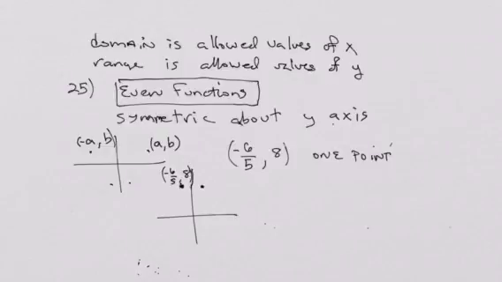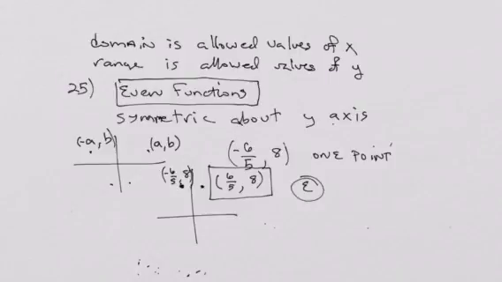My x-coordinate just switches, the sign switches, so that's got to be 6 over 5, and my y-coordinate is just going to be 8. Same y-coordinate. So that's a point symmetric. If it's an even function, that's an additional point that the function would have. And so that's our answer, and that is answer choice E.